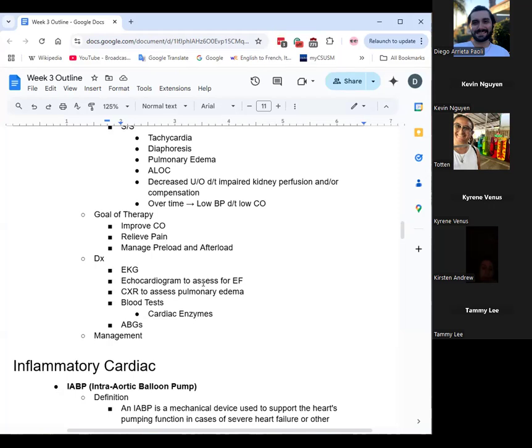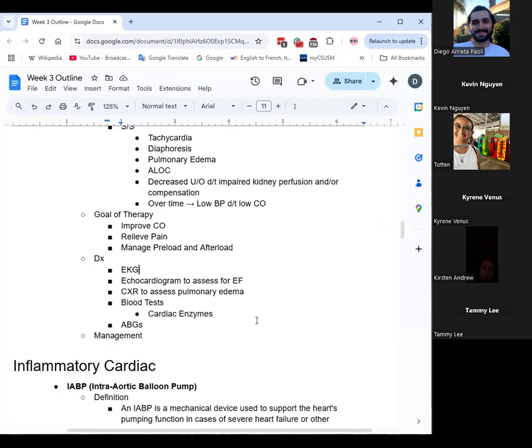Yeah, ST elevation. We can check to see if there are ST changes that can occur from an MI, or even from unstable angina, which is why we need to assess for ST elevation and do the blood test, do the cardiac enzymes.